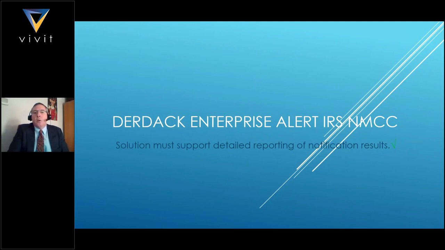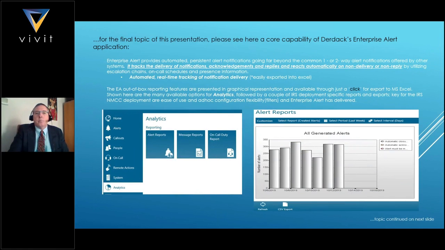Now we're going to get into alerting with the NMCC, the notification results and the reports that we come back with in the results. So one thing that you really want to know is, did I get what I was supposed to get? I maybe sound a little different, but that's the main process.